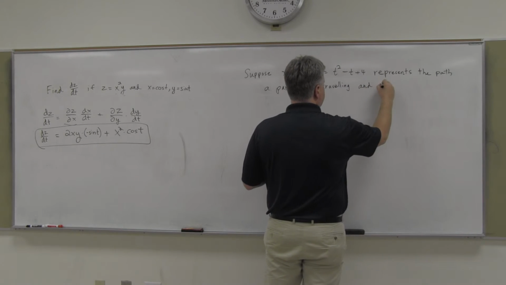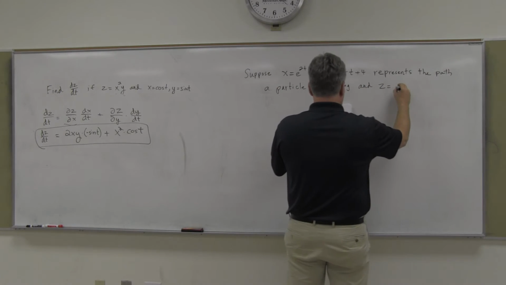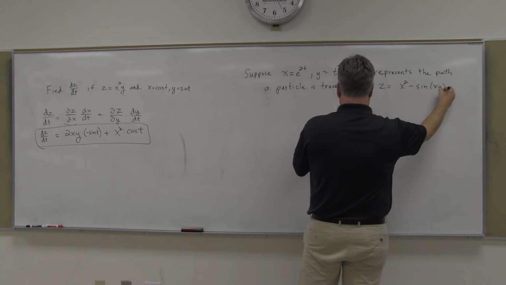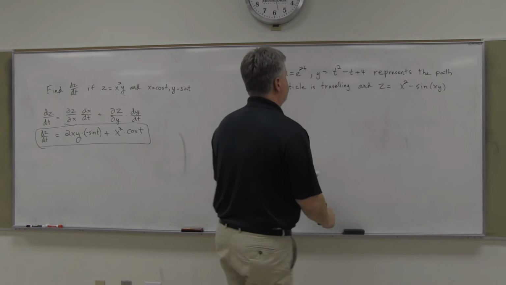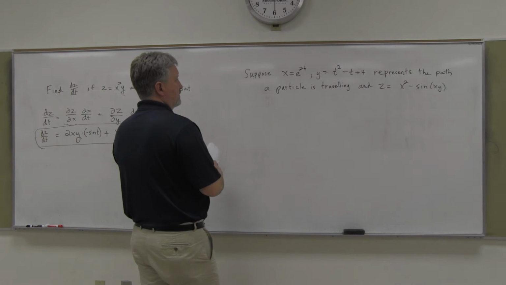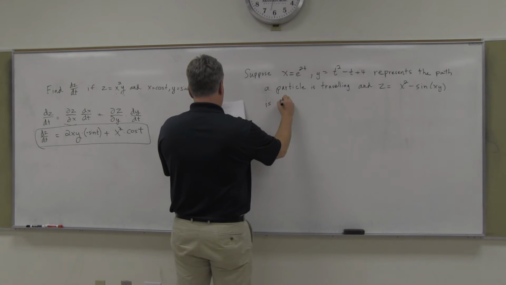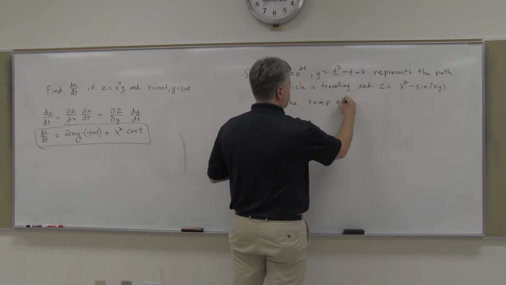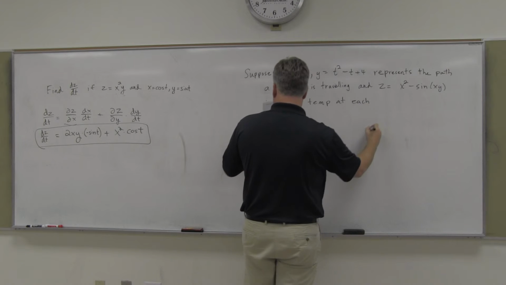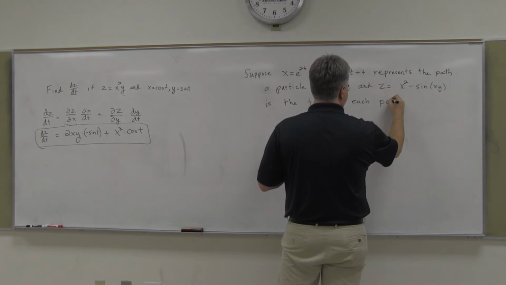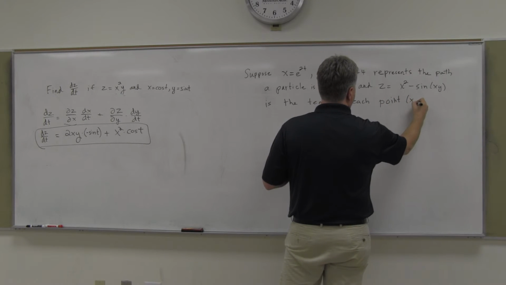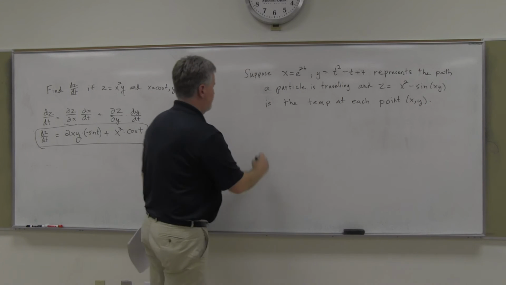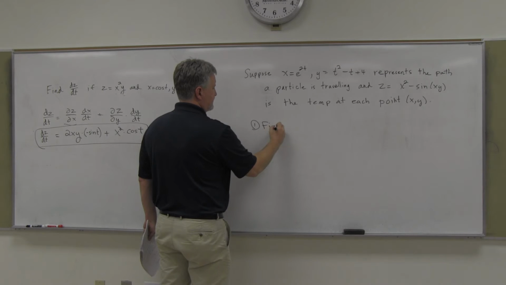And z equals x squared minus sine xy is the temperature at each point x comma y. All right, number one, find dz dt.